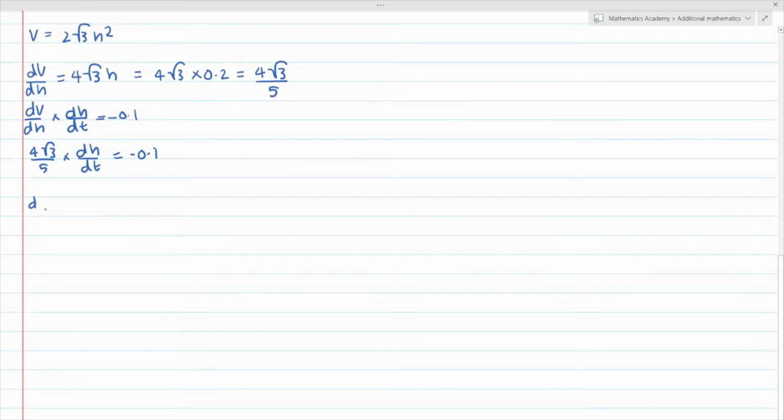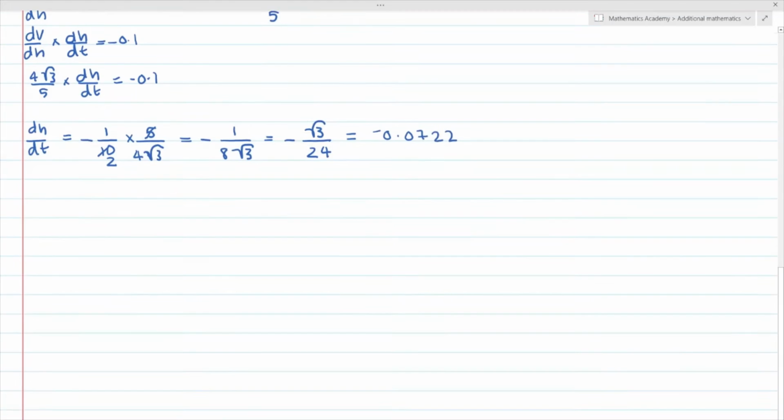And so dh/dt is equal to negative 1 over 10 multiplied by 5 over 4 square root of 3. These two cancel, we're left with 2 here. And so we have negative 1 over 8 square root 3, which is the same as negative square root 3 over 24, which, we can just use a calculator at this point, gives us negative 0.0722 to 3 significant figures.